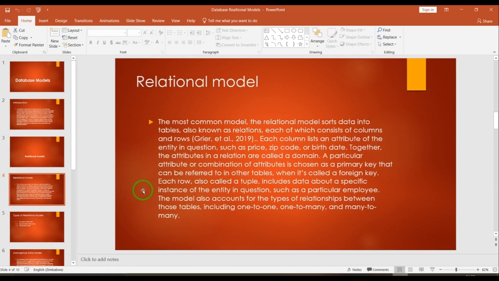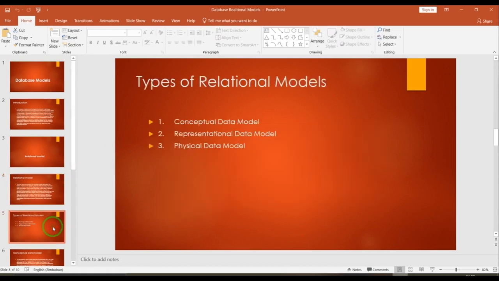It includes data about a specific instance of the entity in question, such as a particular employee. The model also accounts for the types of relations between those tables, including one-to-one, one-to-many, and many-to-many.